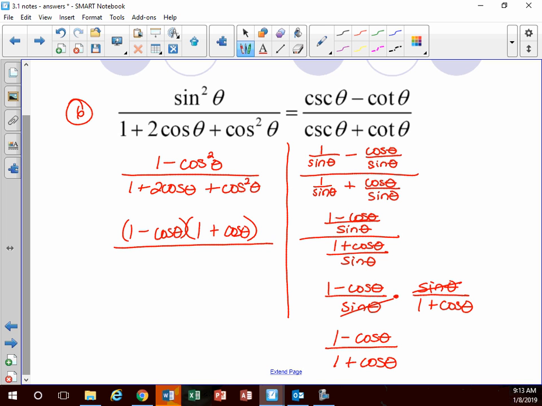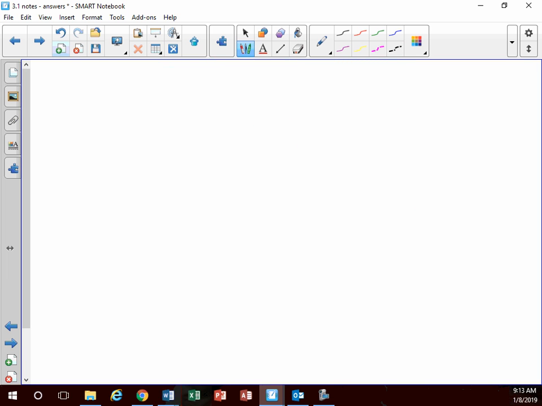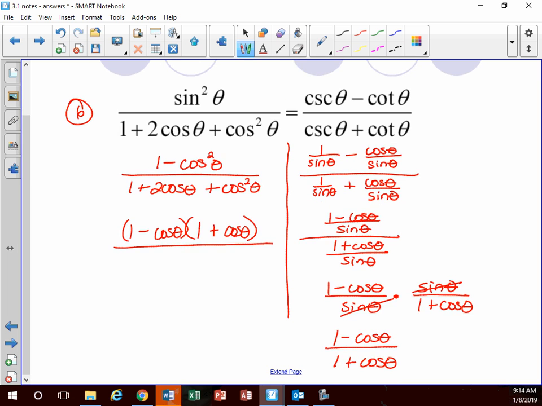All right. The denominator there is 1 plus 2 cosine theta plus cosine squared theta. So again, algebra world, if I had 1 plus 2x plus x squared, could you factor that? Isn't that just 1 plus x times 1 plus x? So for our problem, what is it going to be?